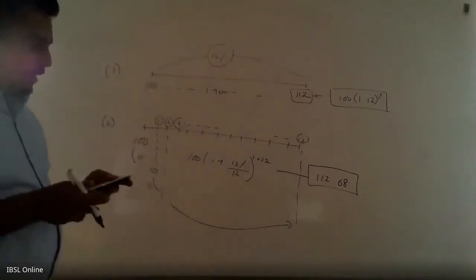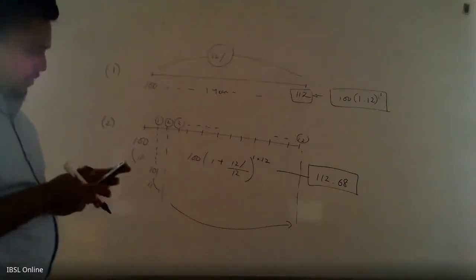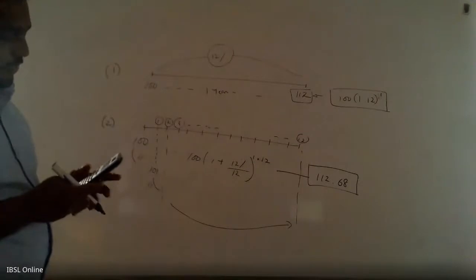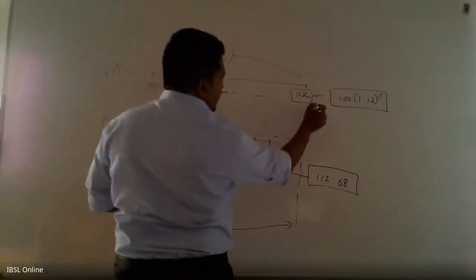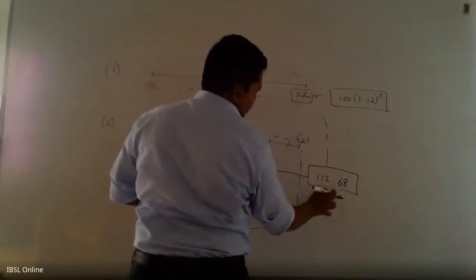Let me recalculate and see whether we get a different number. 1.01 to the power of 12 multiplied by 100, yes, 112.68.